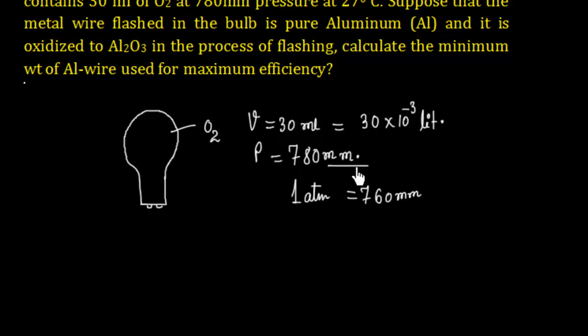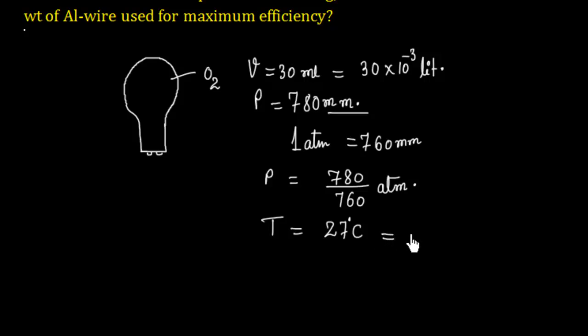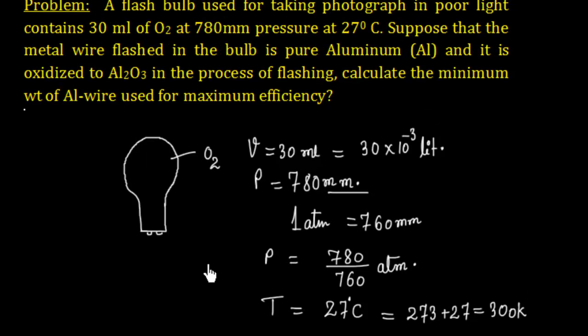So we can convert this pressure into atmospheric pressure, that is pressure is equal to 780 divided by 760, and this unit is atmospheric pressure. Temperature is given as 27 degrees centigrade. We can calculate this temperature in Kelvin, that is 273 plus 27, that is 300 Kelvin.